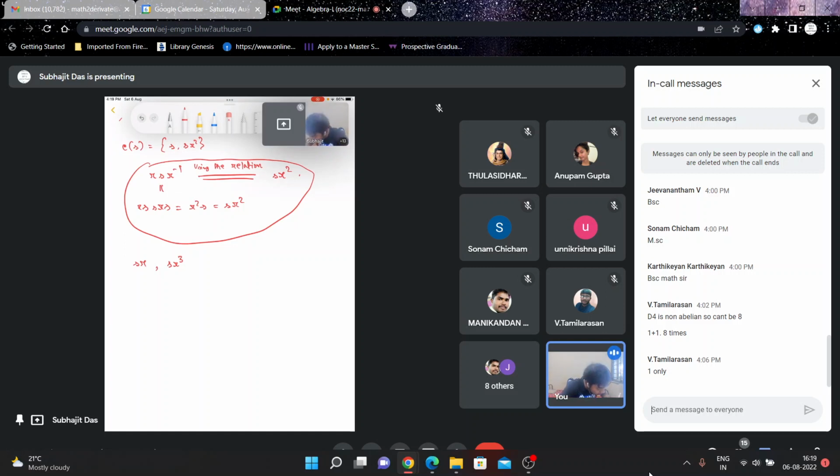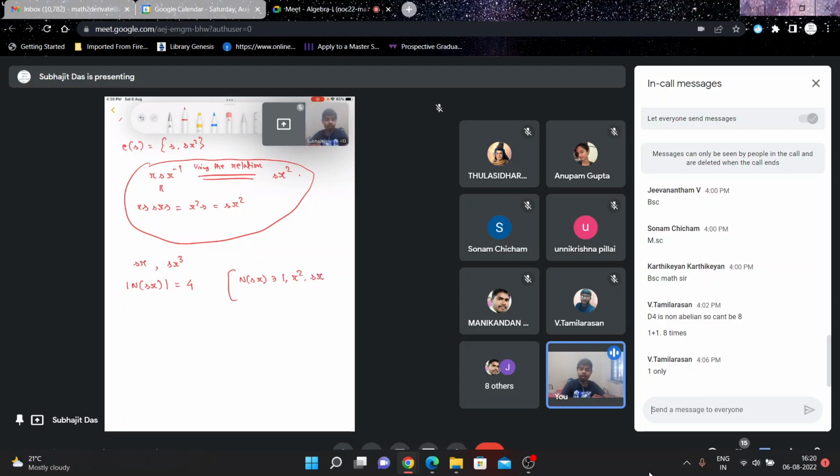So you can check that the order of the normalizer of SR is exactly 4, right? Why? Because the normalizer of SR contains 1, it will contain R square, it will contain SR, right?